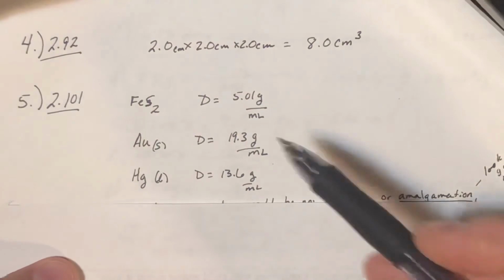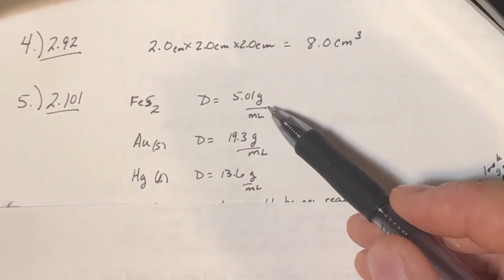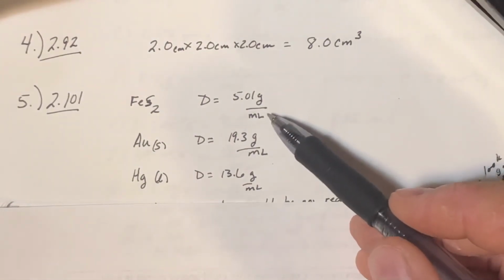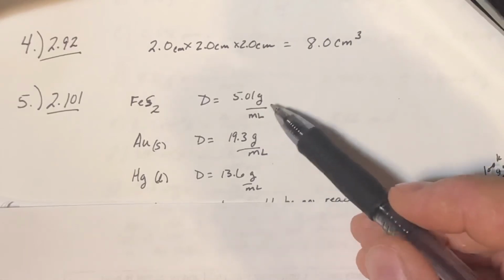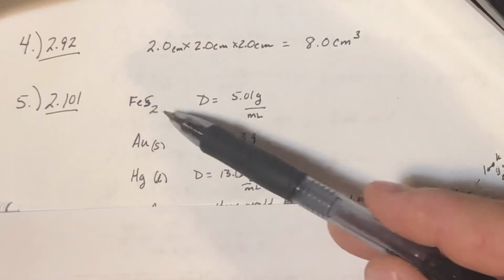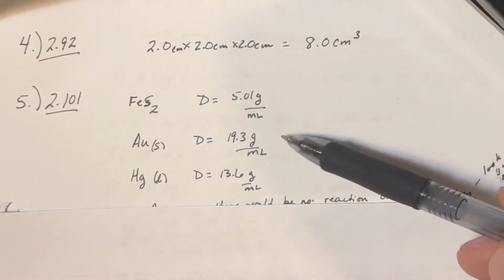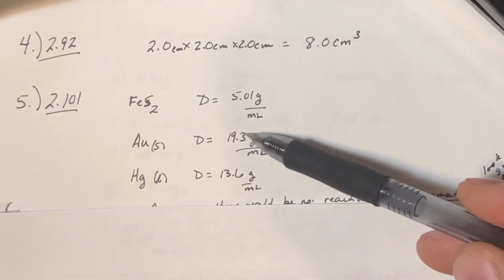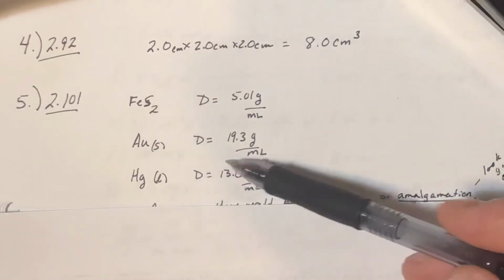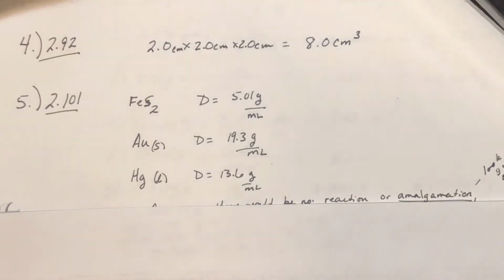So here we have 5.01 grams per milliliter for pyrite, or iron(II) sulfide. Solid gold is 9.3 grams per milliliter, and mercury is 13.6 grams per milliliter. Now, it asks how would you separate the pyrite from the gold?